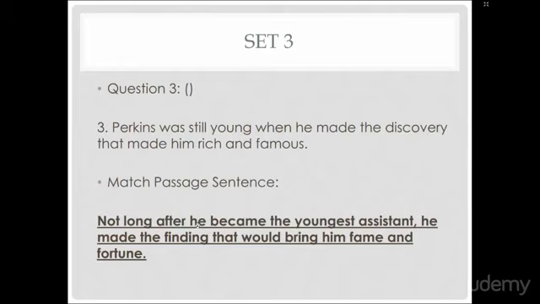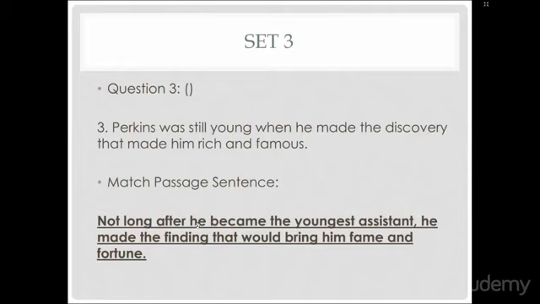All right, so was he young when he made the discovery that made him rich and famous? Our sentence says, not long after he became the youngest assistant, so we see that he was young, he made the finding. Finding is a synonym for discovery that would bring him fame and fortune. Fame and fortune is a synonym for rich and famous.